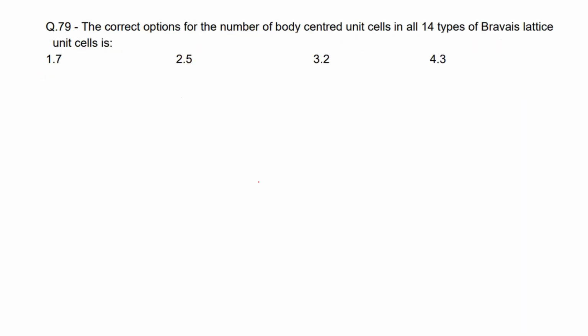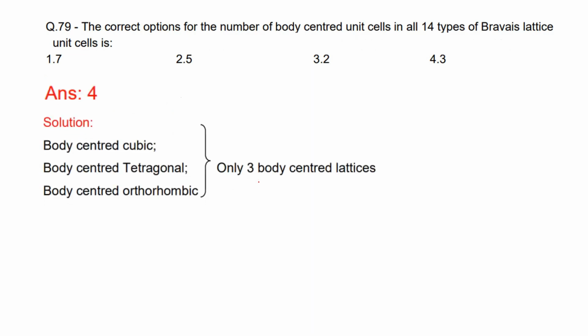Next, question number 79. The correct option for the number of body-centered unit cells in all 14 types of Bravais lattice unit cells. Out of 14, body-centered is being asked, and body-centered is possible with only 3 unit cells. What are those 3 out of 14?